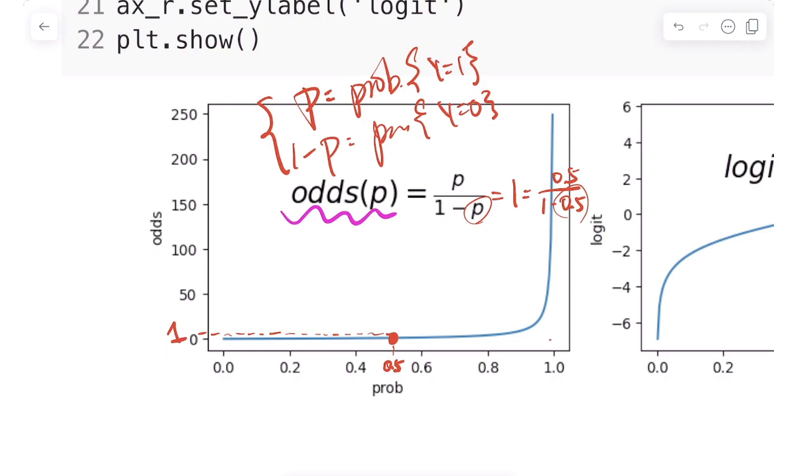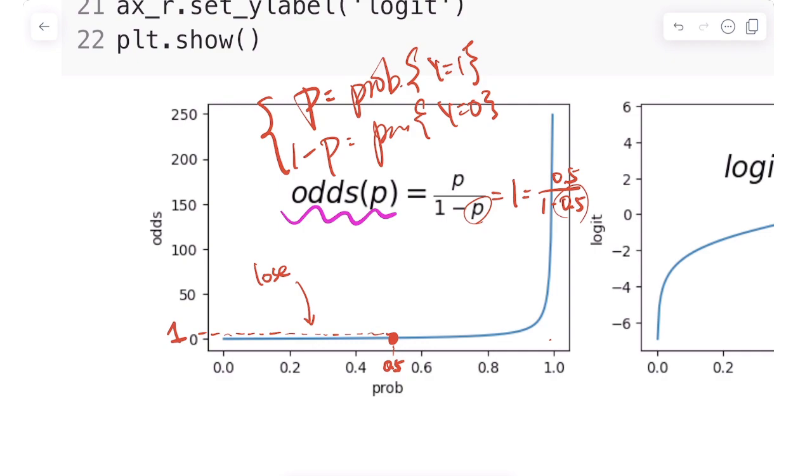But when you draw this figure, it looks very strange. When you lose more than you win, the odds value will be smaller than 1, but it will never be lower than 0, so the range is between 0 and 1.